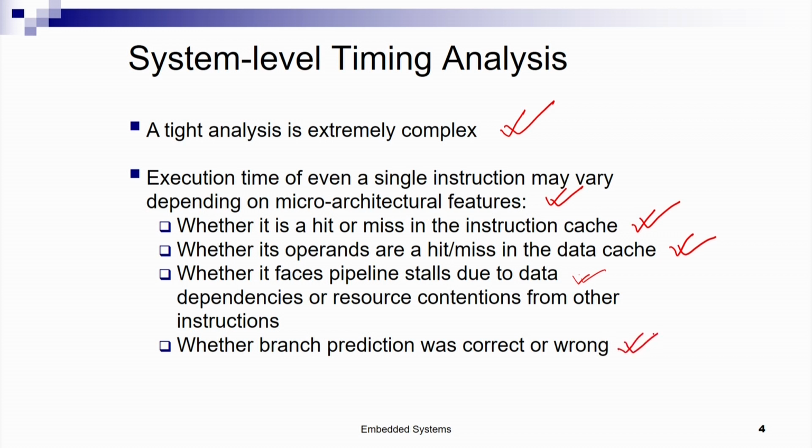Depending on whether a branch at a particular point was predicted correctly, the time taken varies, because if the branch prediction is correct, it already executes a few instructions within the predicted branch. If it is wrong, all those instructions have to be flushed, and the other branch has to be taken. So, we save time if the prediction is correct.